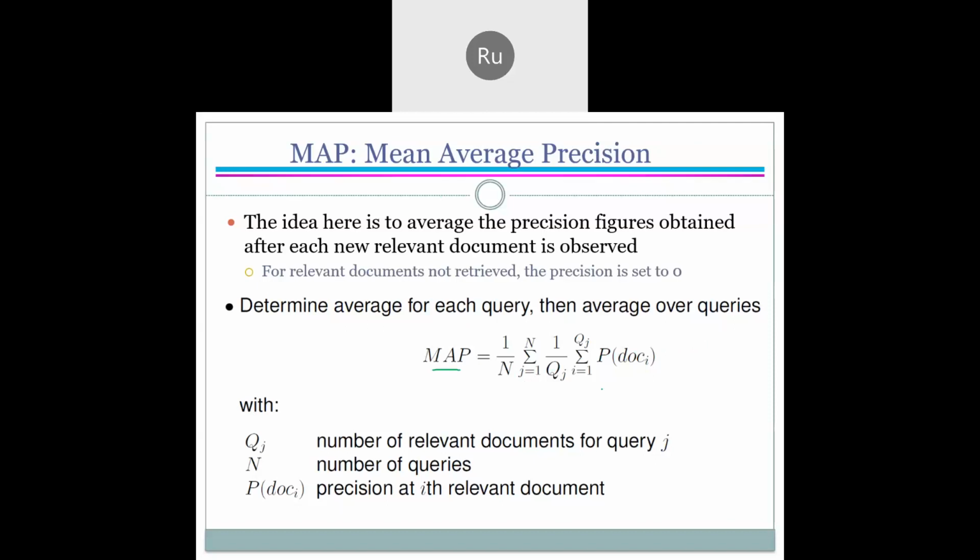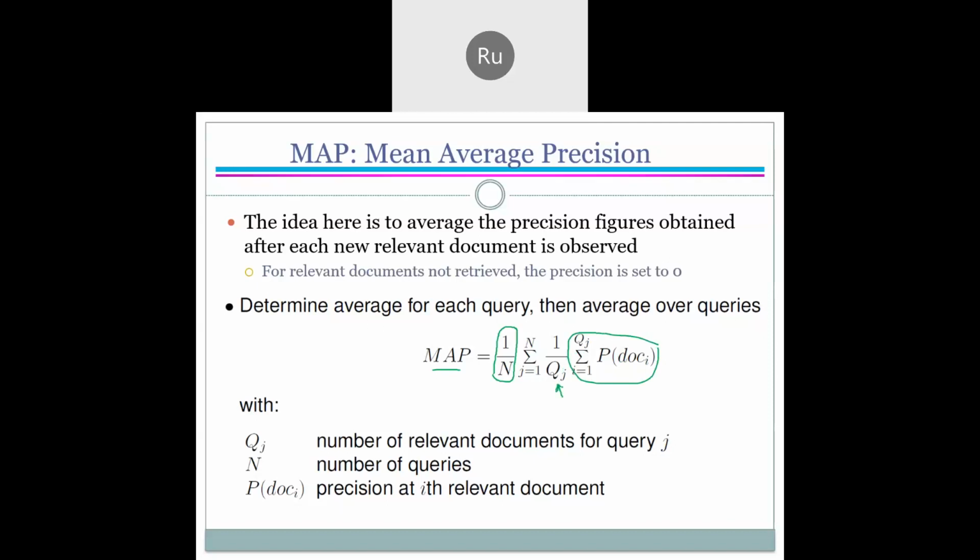Over here it is very obvious that we are looking at the average, so we need to divide by the number of queries that we have. For each query, we look at the precision at each relevant document, and we divide by the number of relevant documents for query J.